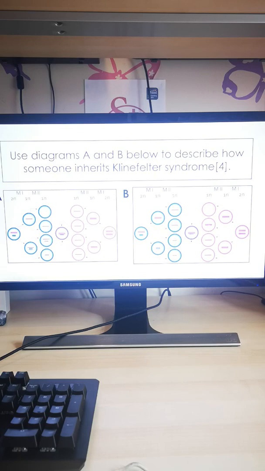So in this case, mother has produced a gamete with 2 X chromosomes in. When it fuses with the gamete containing a Y chromosome from the male, you end up with 2 X's and a Y. In this example here, we've got a gamete produced with an X and a Y from the male, which when it fuses with a normal X containing gamete from the female ends up with XXY as well.